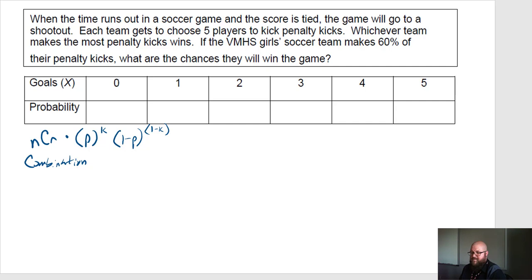Okay? And now with this, again, I know I wrote nCr here, but we can change this as far as saying this is your N and your K.